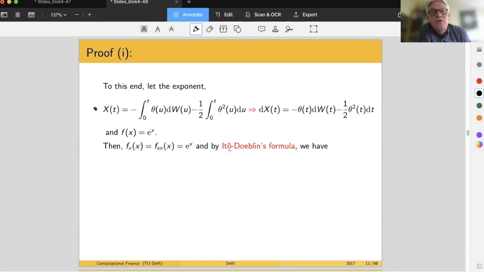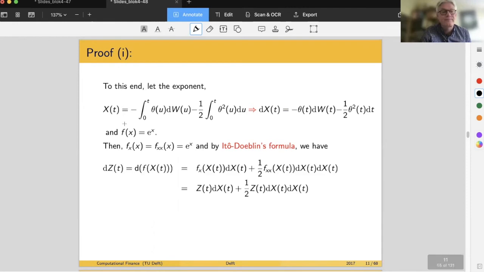So by the Ito-Doeblin formula, we can look at e to the X. So Z is e to the X, and we look at dZ, and that is the change in f, so df(X_t). And here we first write down how it was again, to remind you: it is f'(X_t) dX_t plus 1/2 the second derivative of f with respect to x, dX_t dX_t.